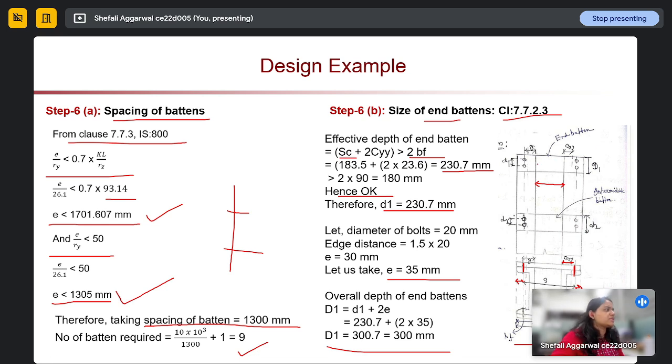So if we see in this case, if this is our column section, the load will be in this direction only. So our longitudinal will be in this direction and transverse will be in this direction. When we are designing our column section, we will actually need our longitudinal force for the design purposes in the direction of load. So that's why we are calculating longitudinal stress also, not just the transverse stress.